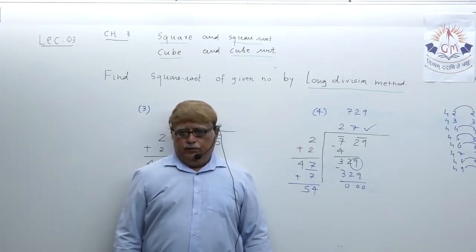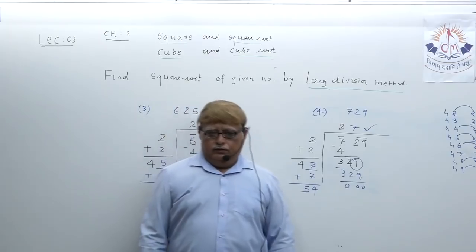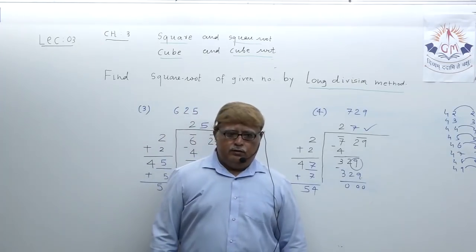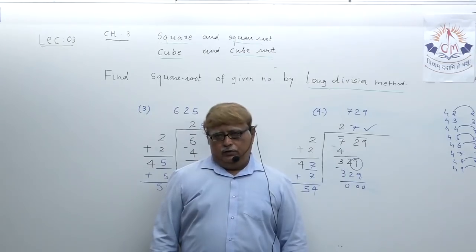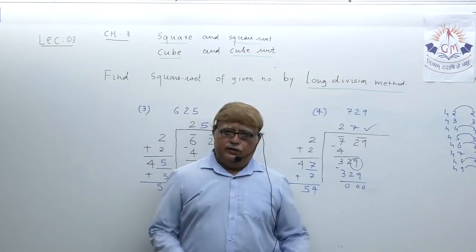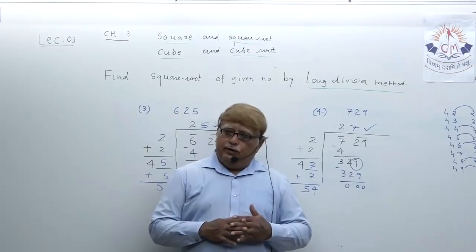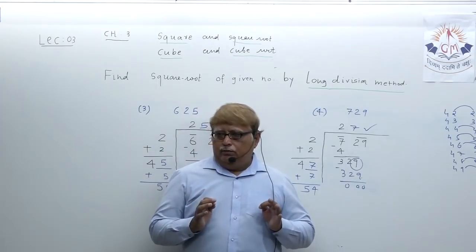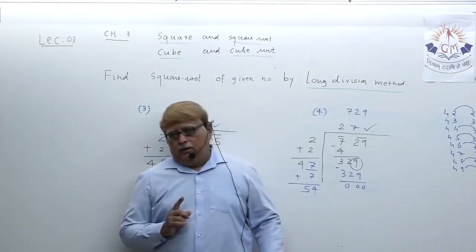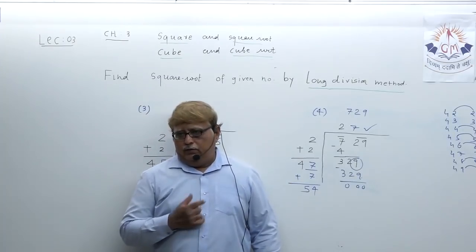Before we end this lecture, is this clear in your mind, the concept is clear? What we have done in today's lecture is to find the square root of a given number by the method of long division. Here we have done 3-digit numbers by the long division method.